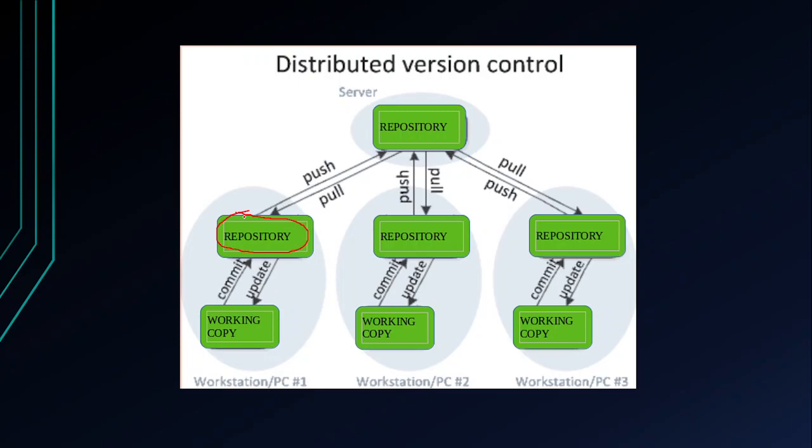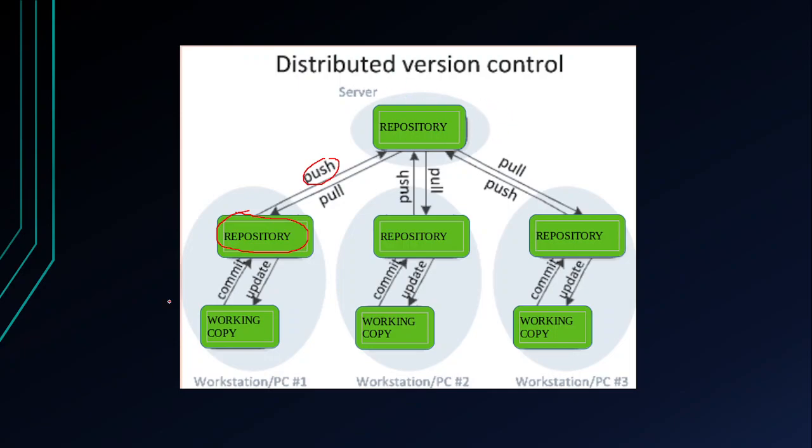After nakakommit na ko sa local repository, I need to push these changes on my repository to the repository that is on the server, the remote repository. So what I will do is a push command. This pushes the changes or the new state of the repository to the remote repository.